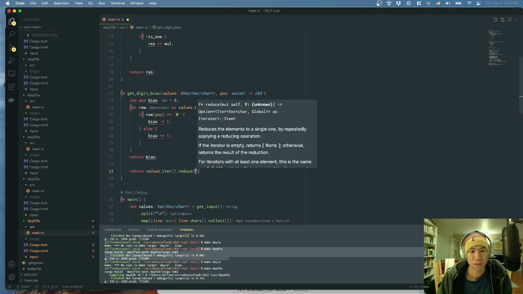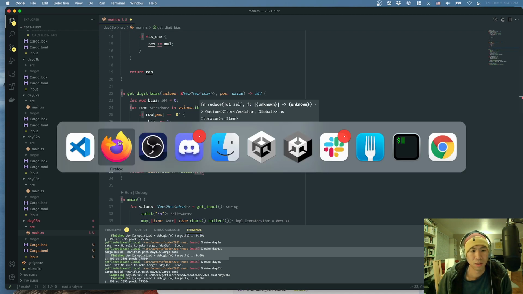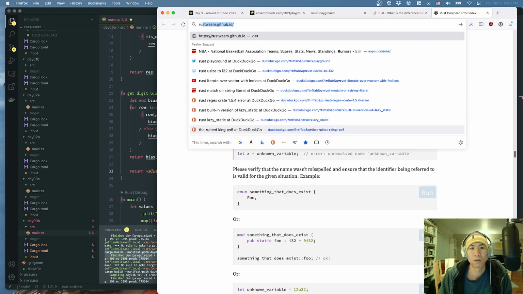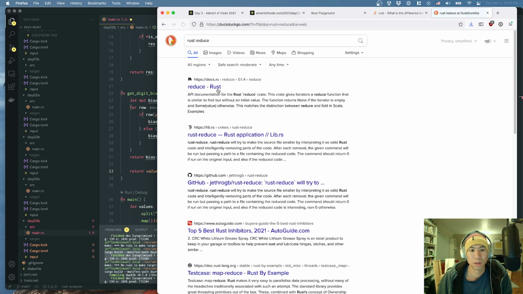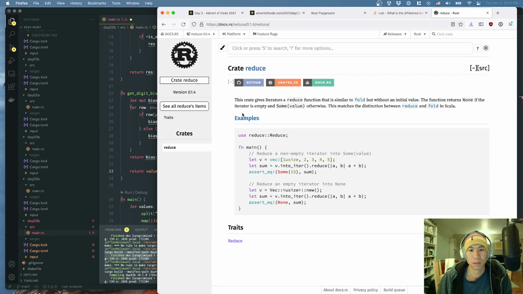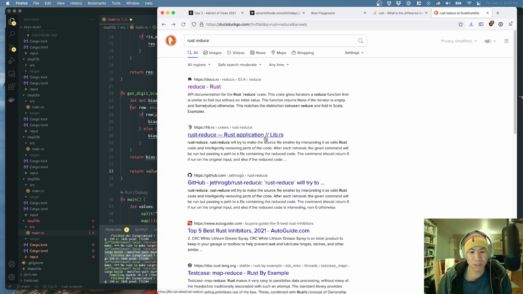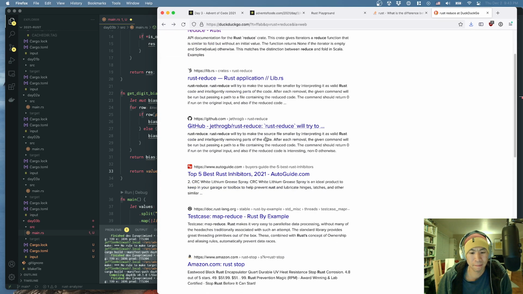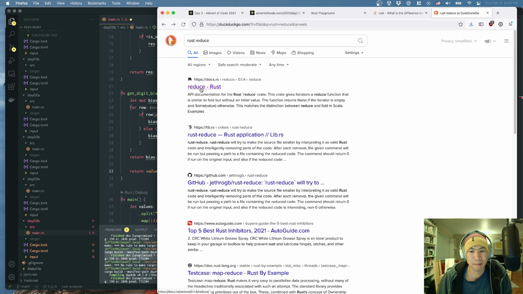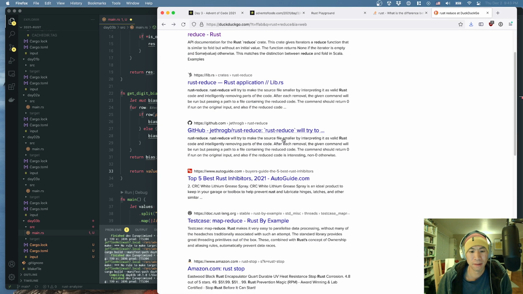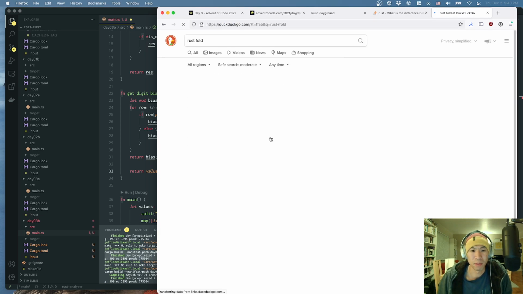Reduce. What does the reducing function look like? Why is there a crate that does this? This is weird. Maybe it's just really old. Should be in the standard library. Maybe it's fold in Rust.